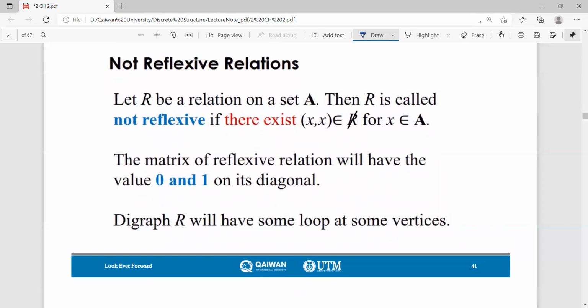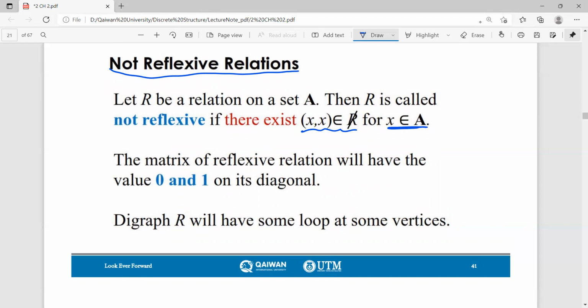Not reflexive. Irreflexive is different from not reflexive. Okay. For not reflexive, what do we say? We say if there is at least one element in A such that (x, x) is not in R, we say that's not reflexive.